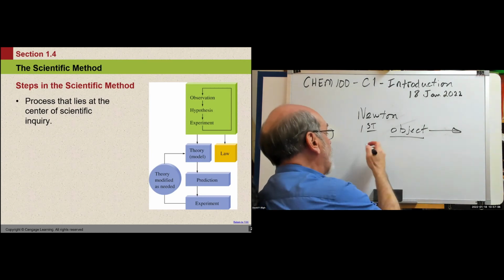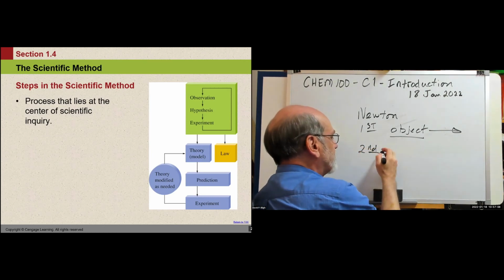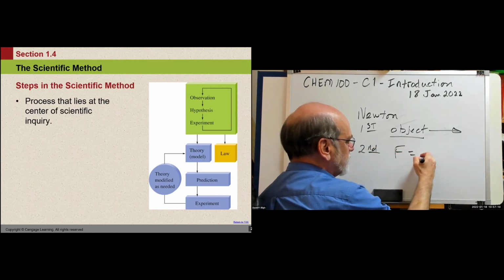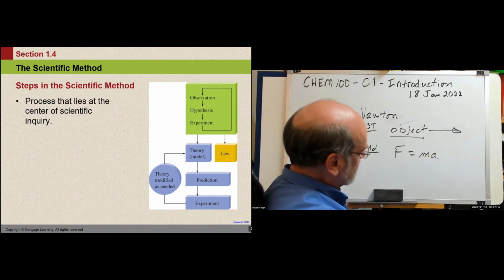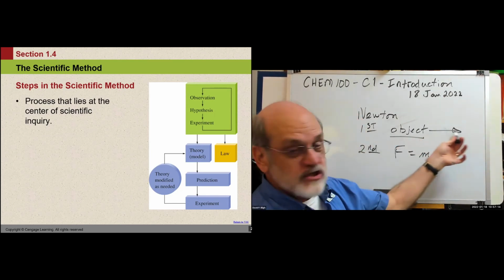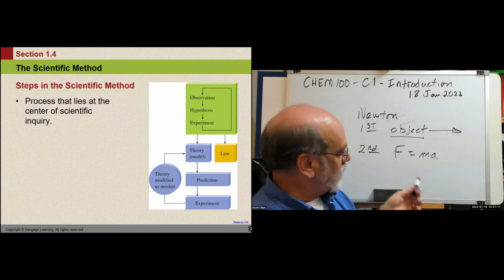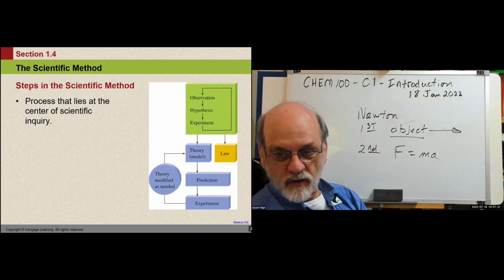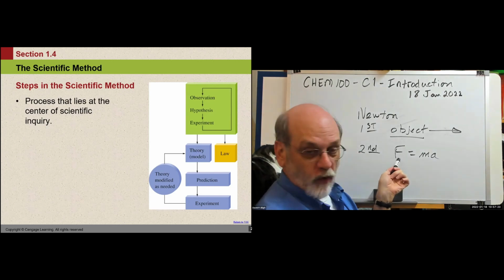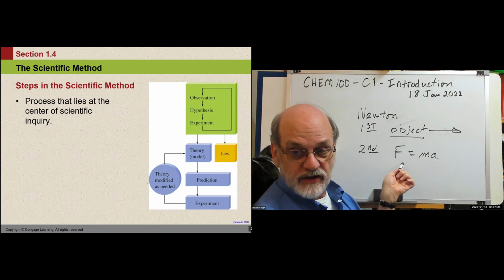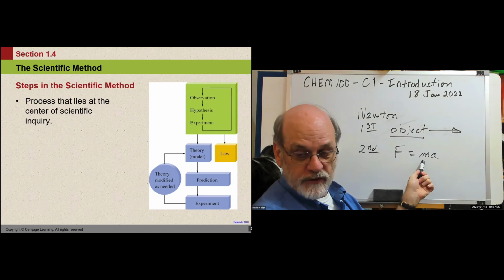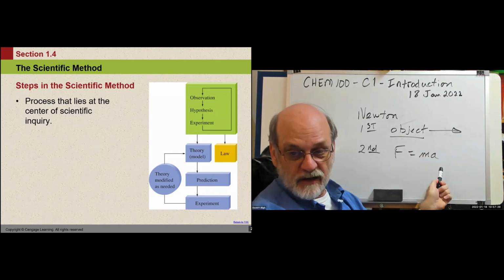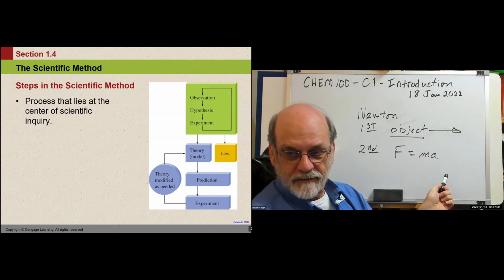Or his second law. This is just a descriptive law, whereas this law is written as a formula. In other words, the value of that force is equated to the mass times the acceleration it is undergoing, right?